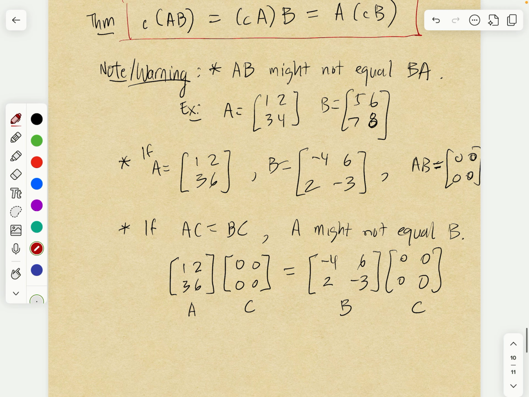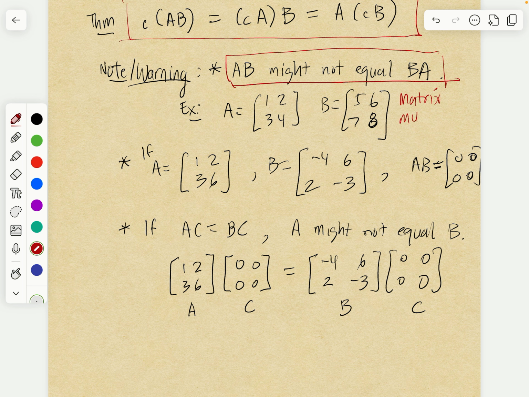And then these warnings, right? AB might not be equal to BA. One way to phrase it is that matrix multiplication is not commutative.